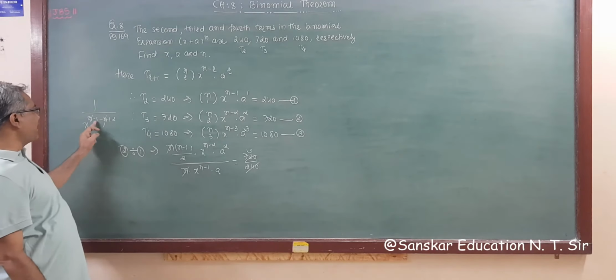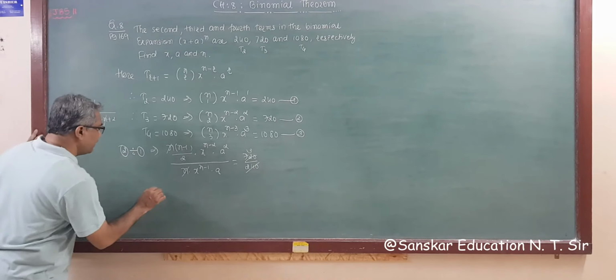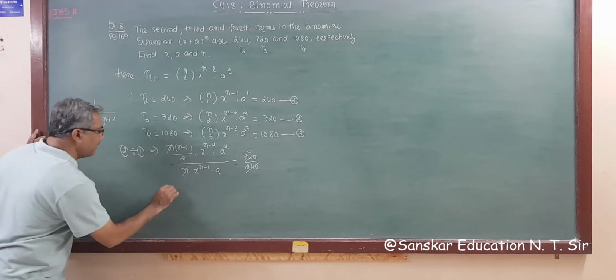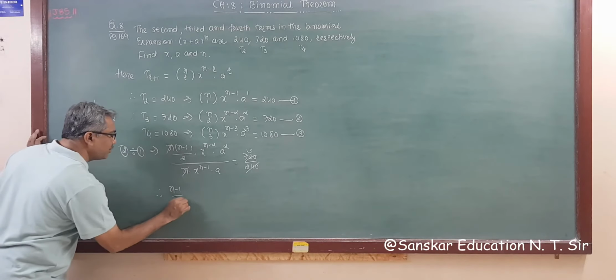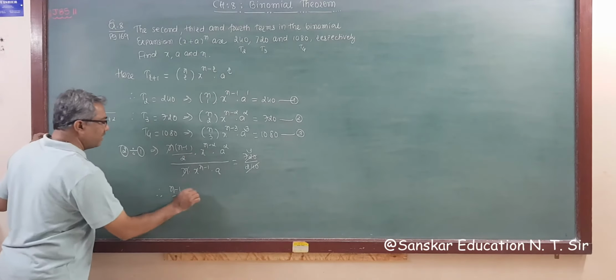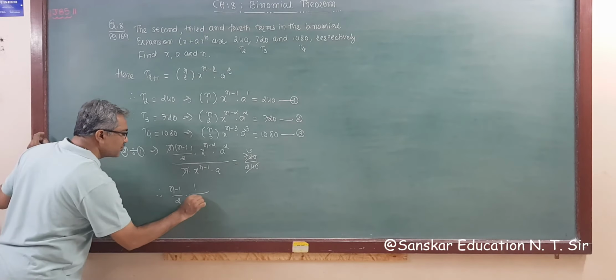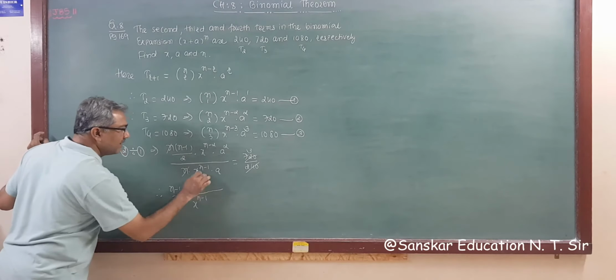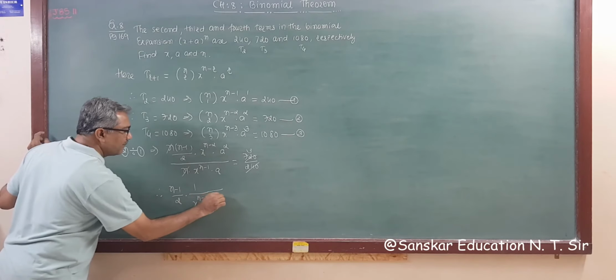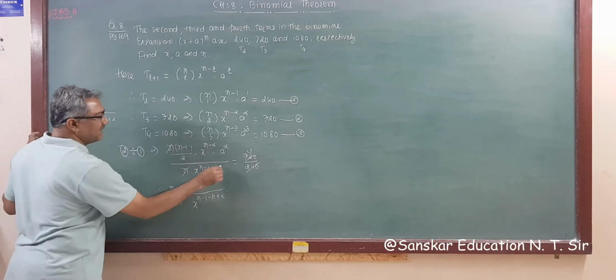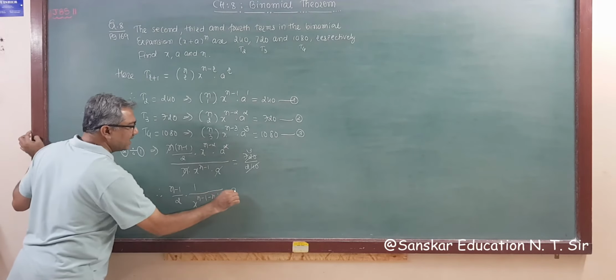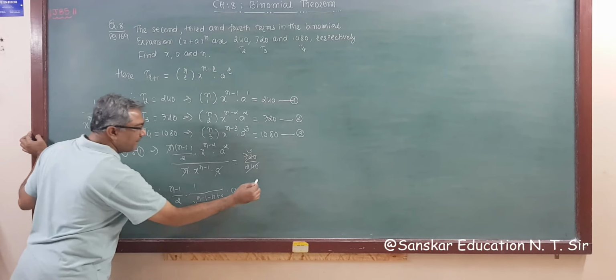So what we get? 2 minus 1. Here we get n minus 1 divided by 2 into 1 upon x raised to n minus 1 minus n plus 2, and this is a, equal to 3.